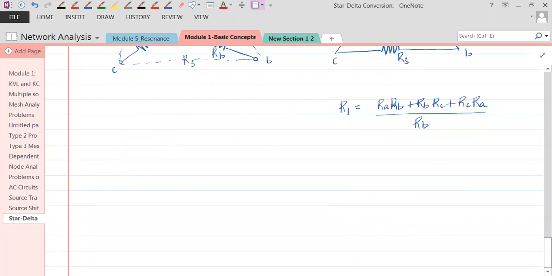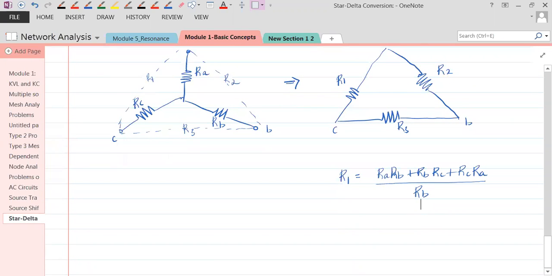Now, similarly, can you tell me what is R2? Again, what is there in the numerator is the same: RA RB plus RB RC plus RC RA. This is the same. What would be there in the denominator? Suppose you are writing R2, where is R2? R2 is here. So which resistor is standing vertical to this? RC. So that would come in the denominator.